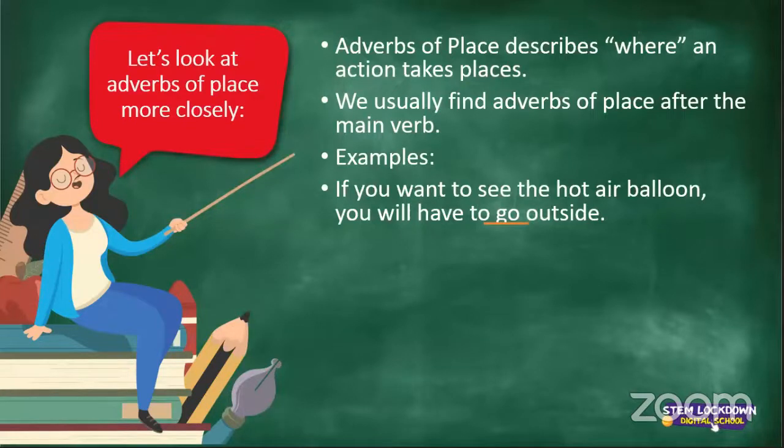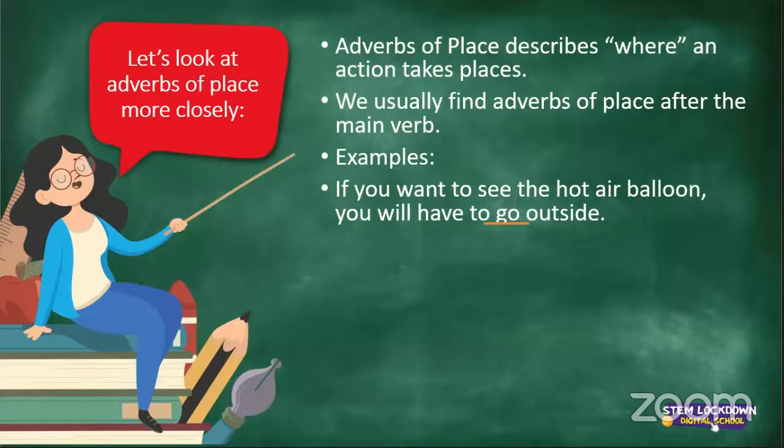You guys can type for me. If you ask where, that question will give the adverb of place. Good job. I'm reading your chat box. It's looking very good. So there we go. Outside is the adverb of place.